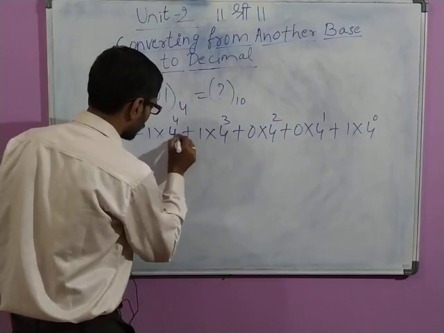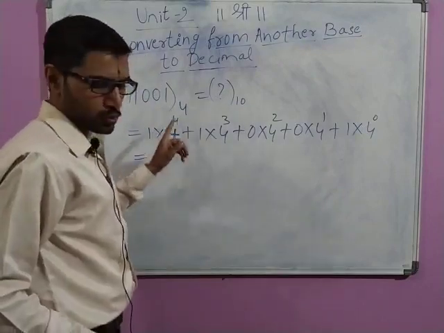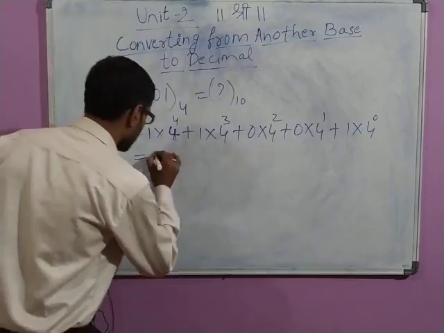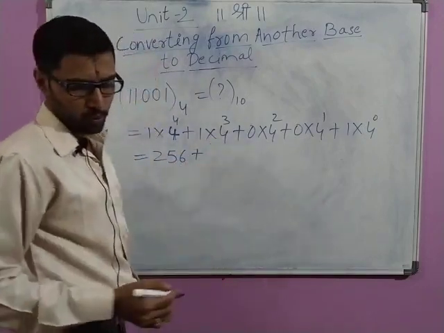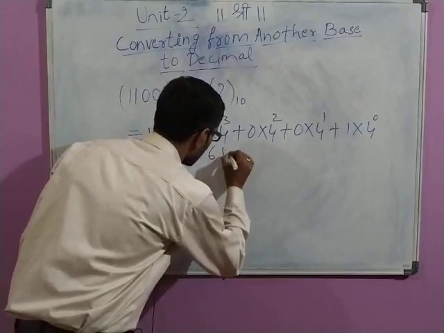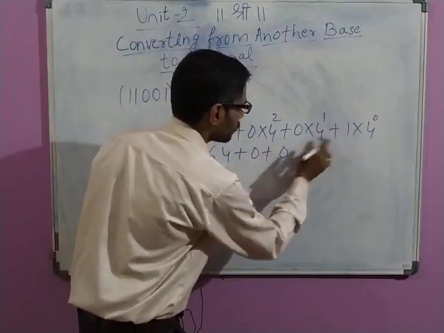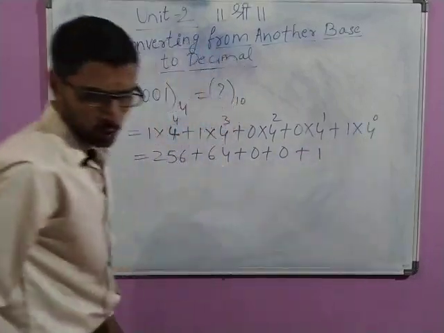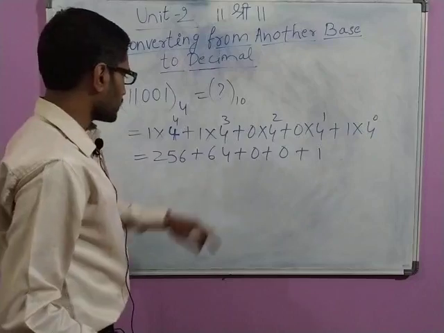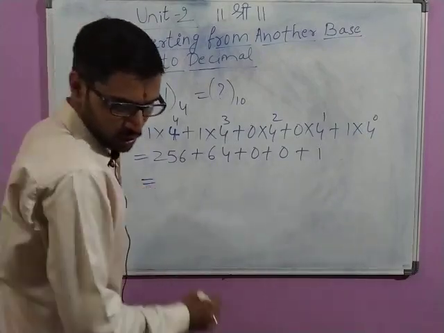So this is 4 raised to 4. Now if you solve it, 4 raised to 4 is 256, plus 4 cube, which is 64, and this will be 0, this will be 0 and this will be 1. So the answer is going to be 256 plus 64 plus 1.